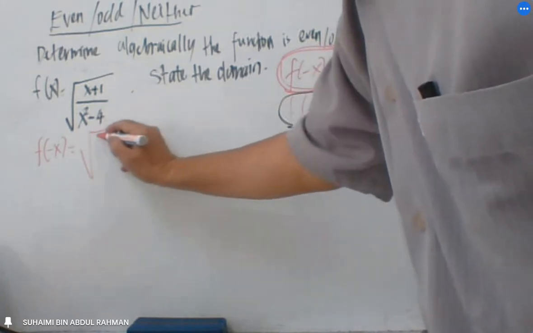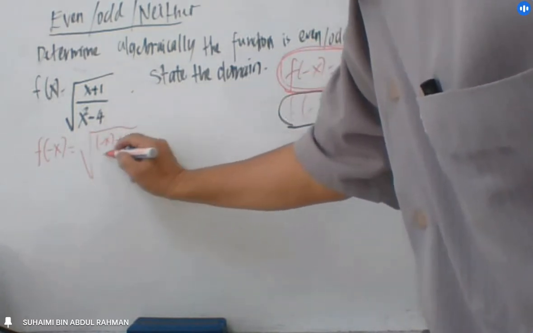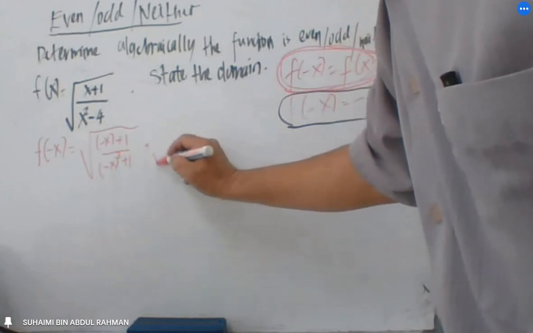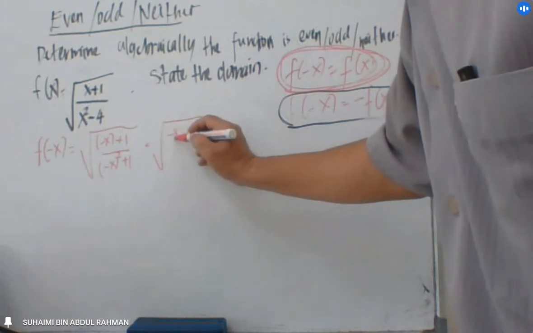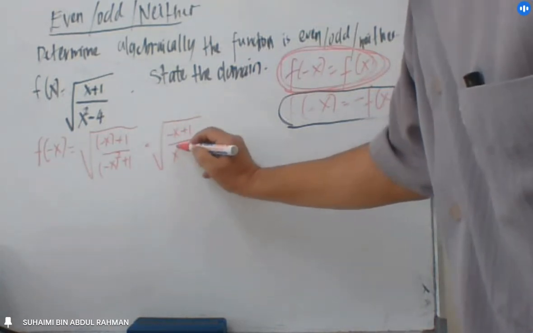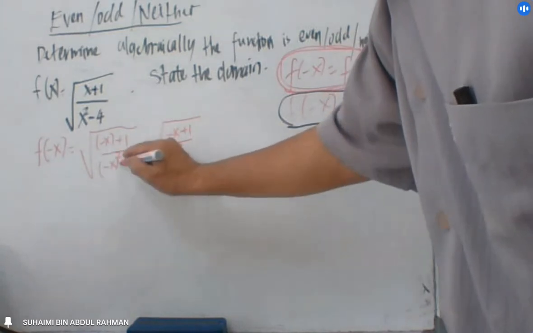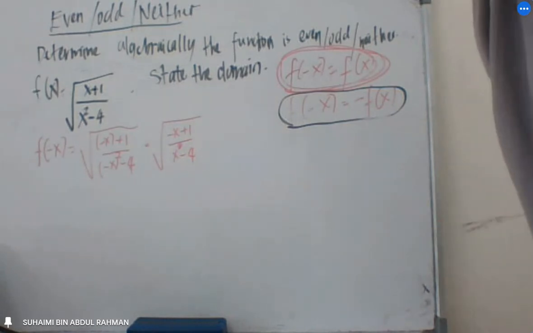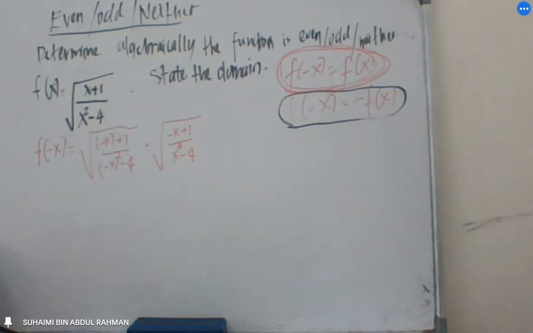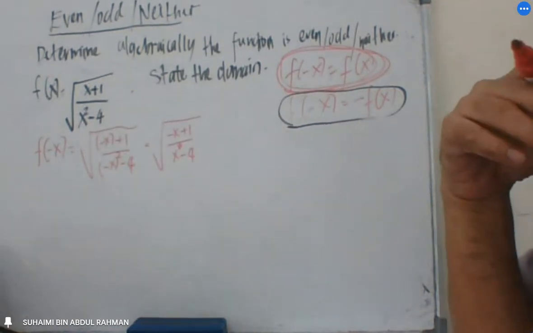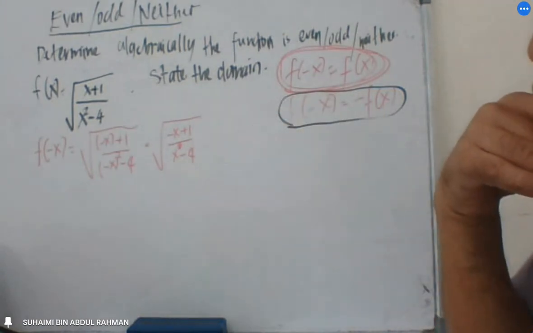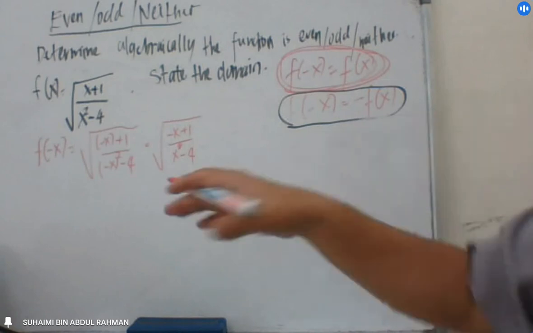Square root of minus x plus 1 over minus x squared minus 4. Definitely not the same as this f(x). Definitely this is not minus of f(x).